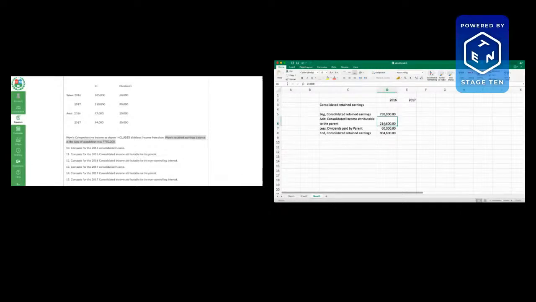And you do that just to arrive at your consolidated income attributable to the parent. Then it might even happen, class, that the beginning consolidated retained earnings would not be available outright. So there are a lot of possible challenges here. Now for 2017, class, as what I've told you, if we are just looking for the consolidated retained earnings, it will take a life separate from the retained earnings of the parent.